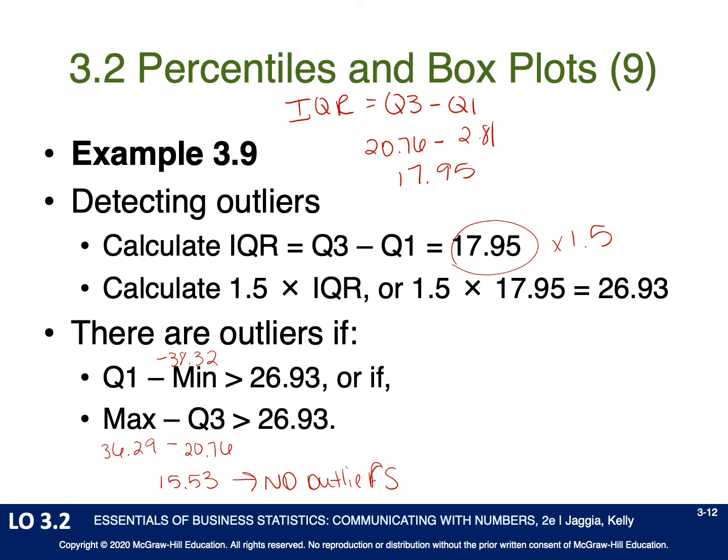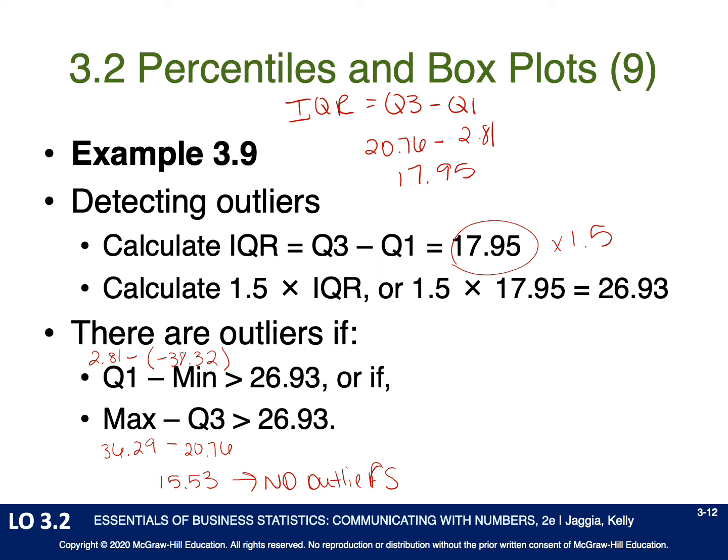Okay. But let's look at the left side of the box plot. So quartile 1 was 2.81 minus a negative 38.32. Make sure that you remember two negatives like that make a positive.